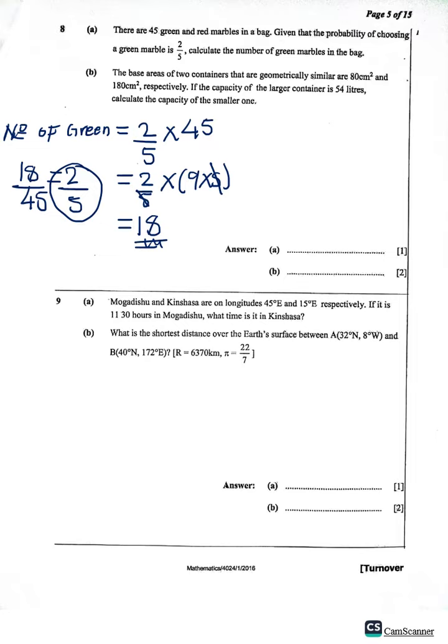Okay, so let's say this is our smaller, then we have the larger. So the smaller has 80 squared centimeter, then 180 squared centimeter. So we have been given these as base area.